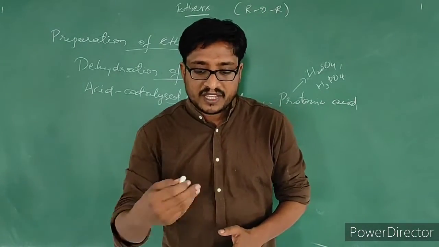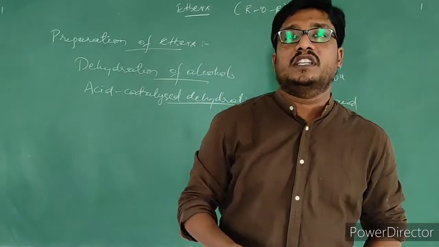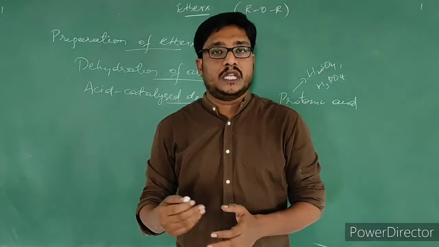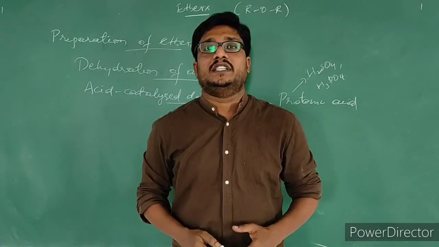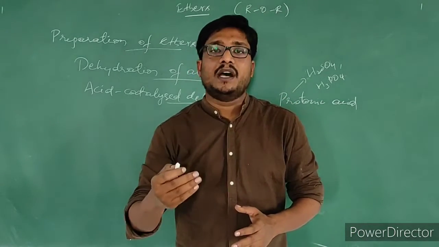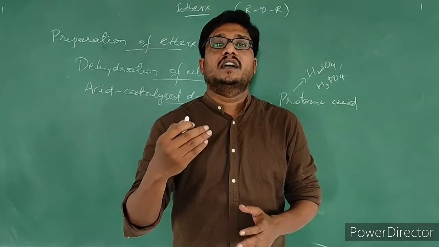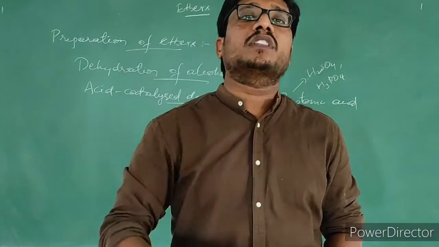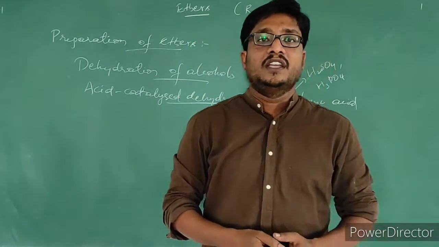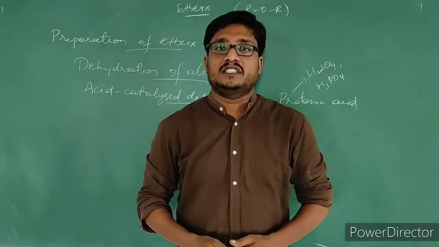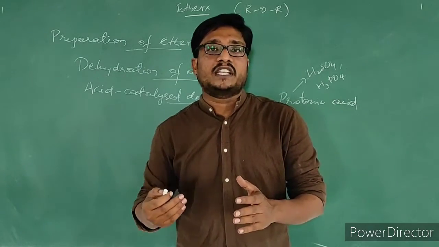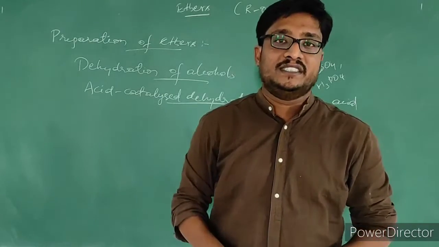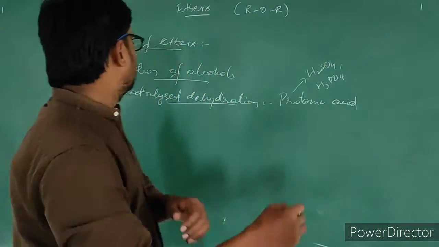For example, at a temperature of 443 Kelvin with concentrated sulfuric acid, alkene will be the product. But the same alcohol treated with concentrated sulfuric acid at 413 Kelvin gives ether. So the product depends on the reaction conditions we maintain. Let us see the reactions.